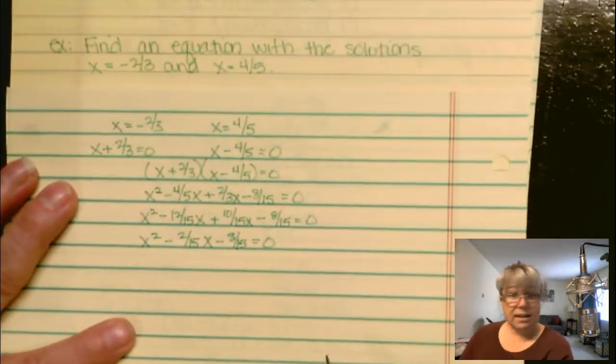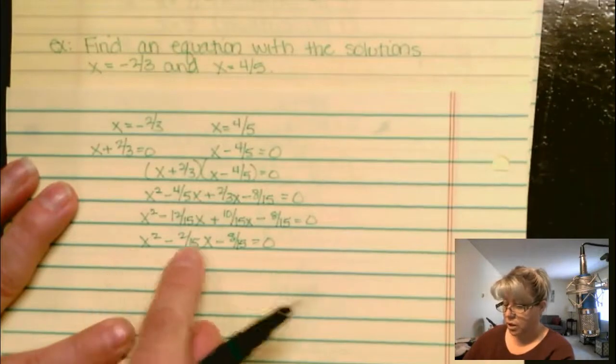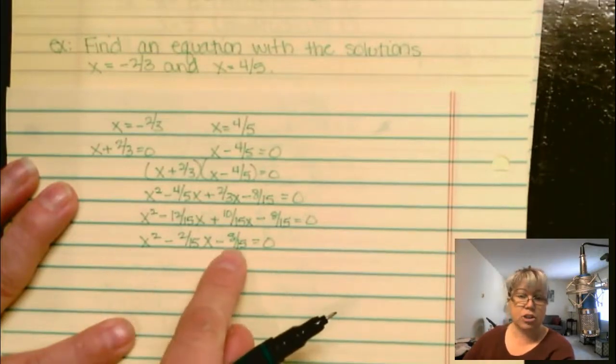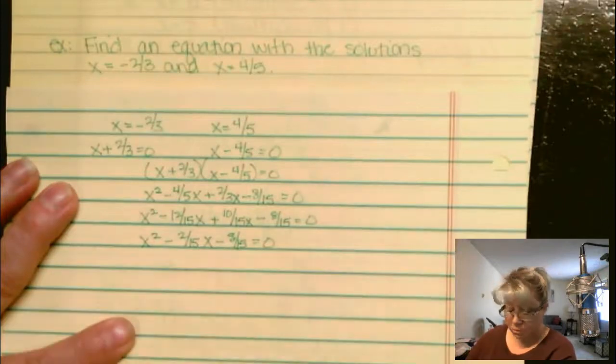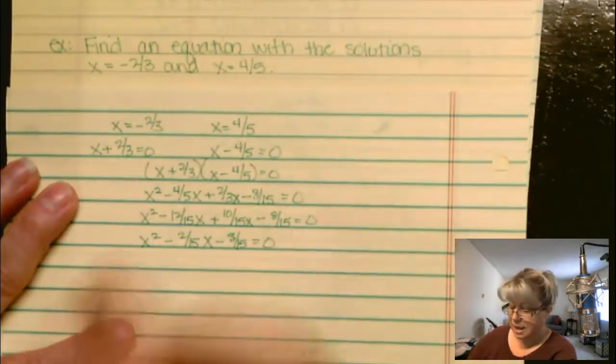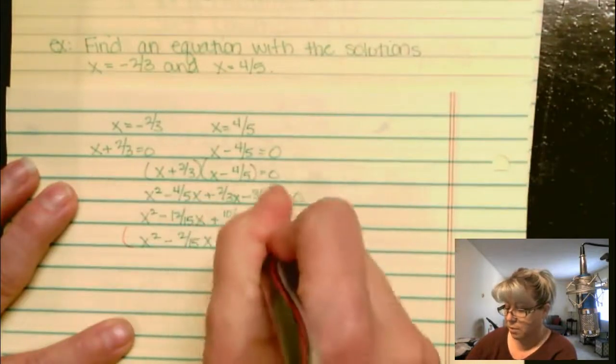Now that is certainly an equation, but it's not in standard form. Standard form is each of the coefficients and the constant term are integers. So I'm going to multiply the left-hand side and the right-hand side by 15, whatever the denominator was there.